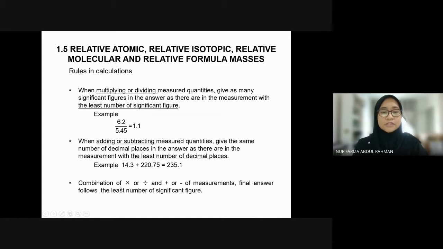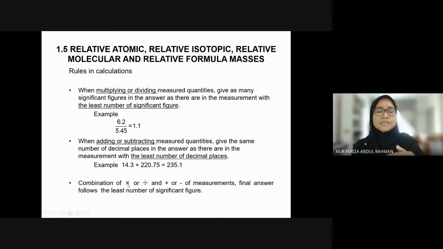For a combination of multiplication or division and addition or subtraction of measurements, the final answer follows the least number of significant figures. So in a combination of, let's say, multiplication and subtraction, we have to prioritize the multiplication.